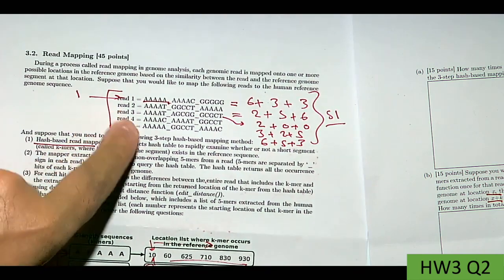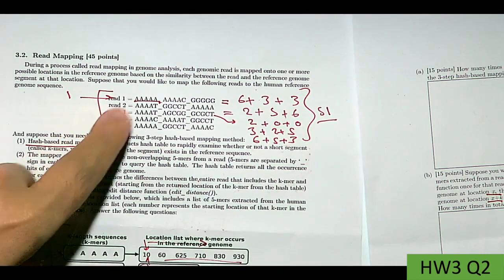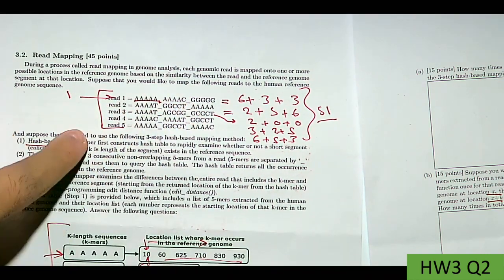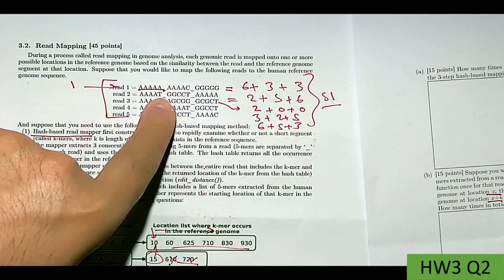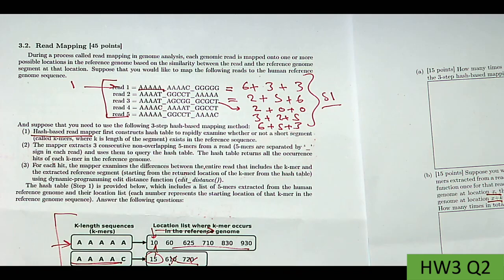Now we do exactly the same thing. Let's repeat for the second read, for example. We have the 4 A's and a single T, which is here, and we have 2 locations. Now let's go to the second one: 2 G's, 2 C's, this one. Let's start from the first one. Is 55 adjacent to 50? Yes.